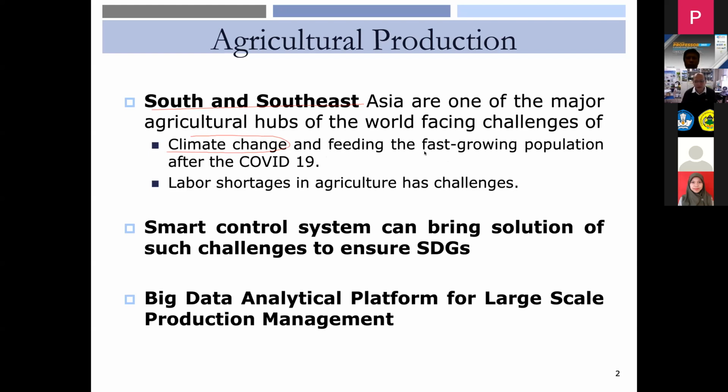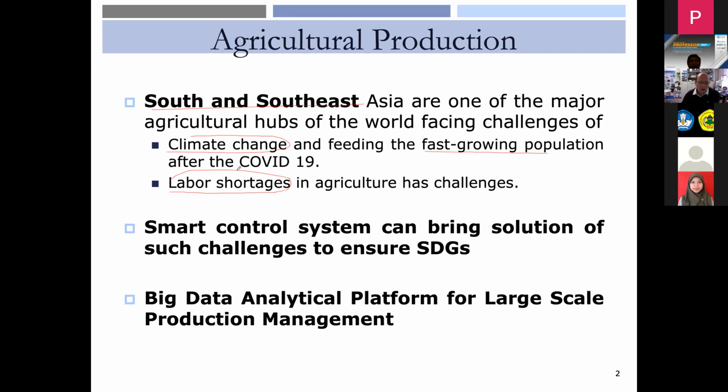So I think one of the most affected areas in COVID is this area. And another main challenge is labor shortages. So labor shortage is a big deal in this area. Due to the pandemic, we have seen production hampered due to labor shortages there.